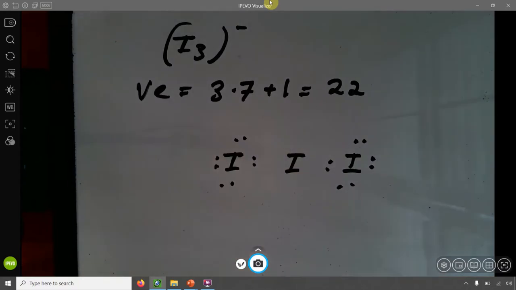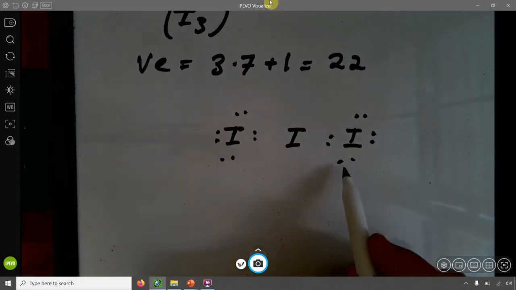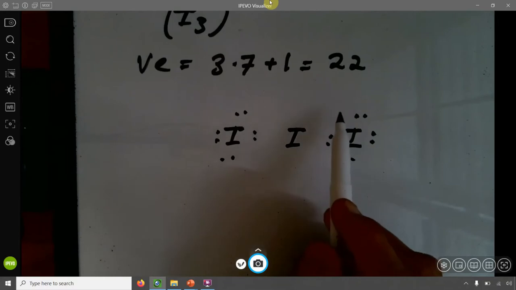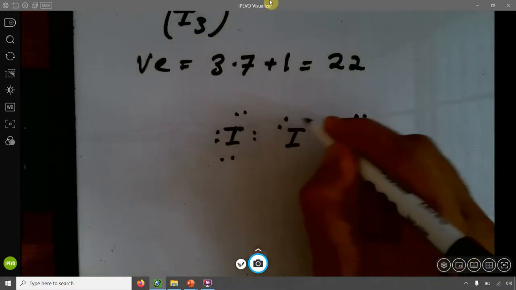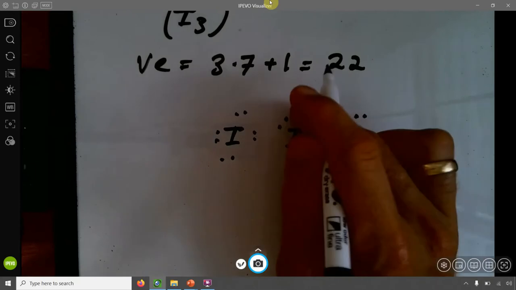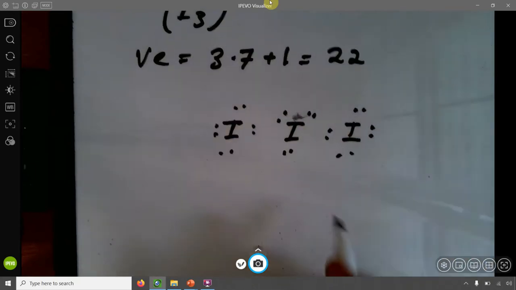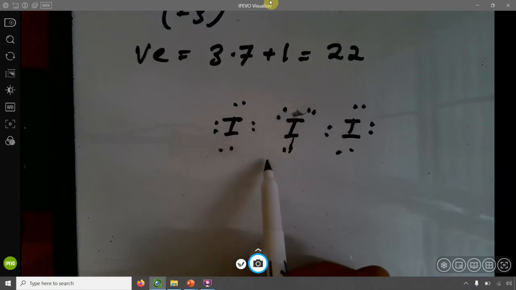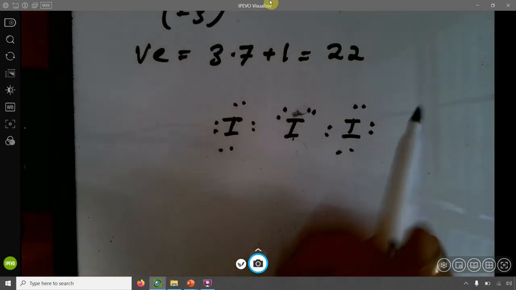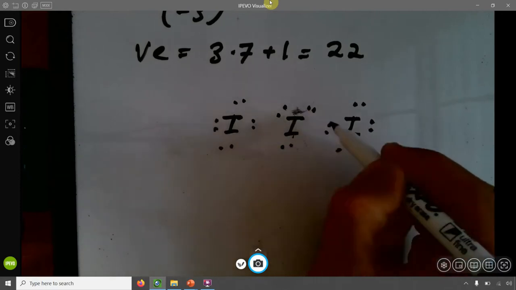This is something new that's going to happen right now. We haven't done this yet. I have 8 plus 8, that's 16, and now I have 6 more. You have to put the 6 on the center no matter what. So I have 6 on the center. Check this now. This guy actually has 1, 2, 3, 4, 5, 6, 7, 8, 9, 10.